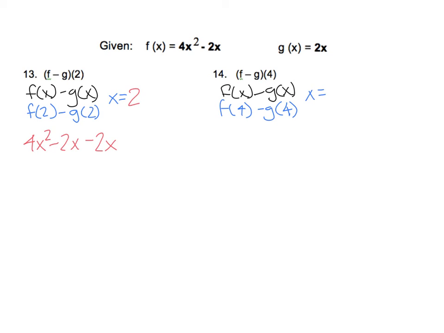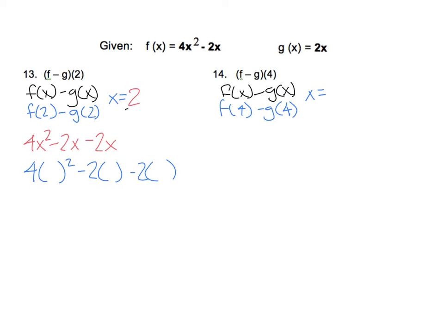Please don't be lazy, because this is where a lot of you guys are going to make mistakes, because you're not going to take the time to actually write this down, and then you're going to plug it into the wrong places and then have utter chaos for something that's very simple. So 4 times blank squared minus 2 times blank minus 2 times blank.